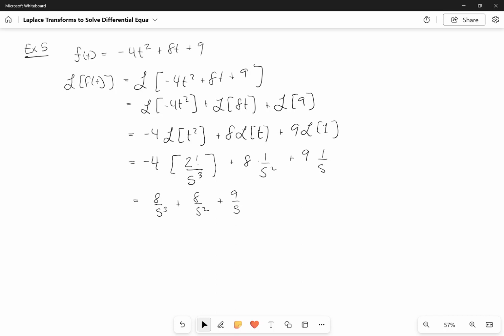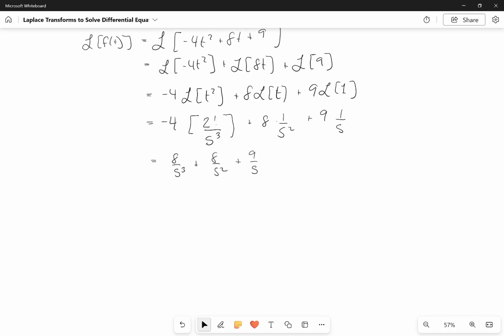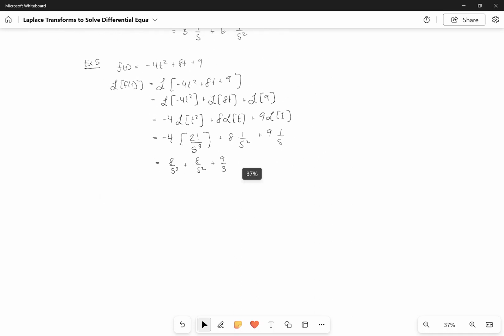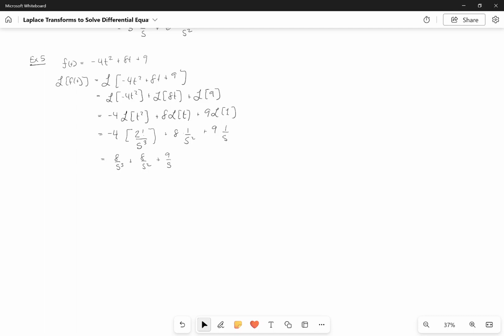So the next thing I want to do is show you how a Laplace transform can be used to solve differential equations, applied to both sides of the differential equation and used to solve it.